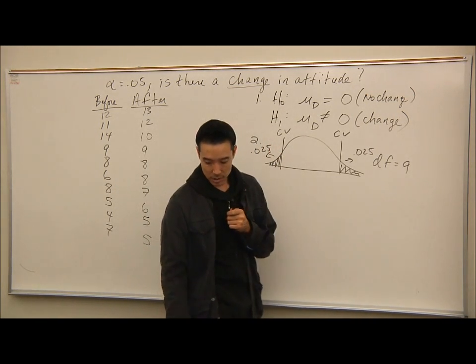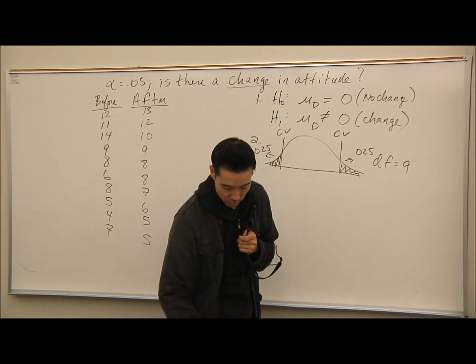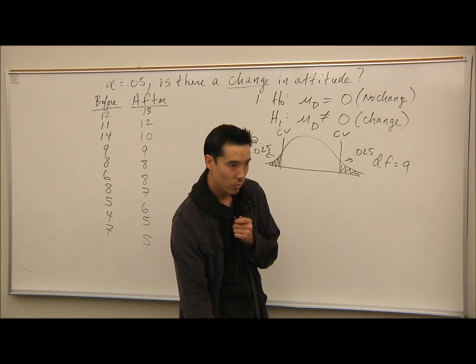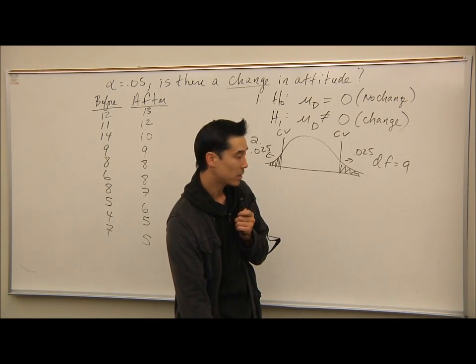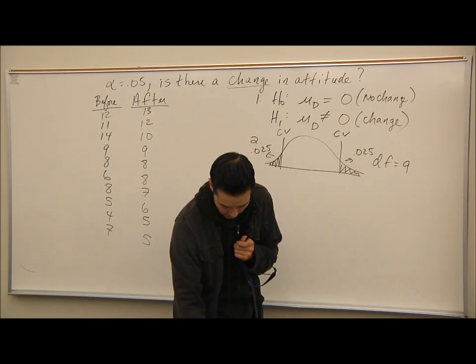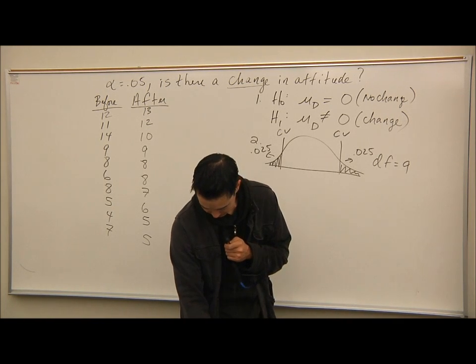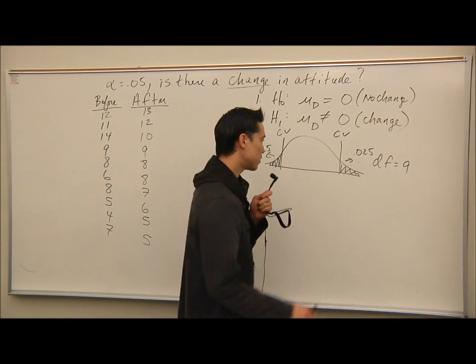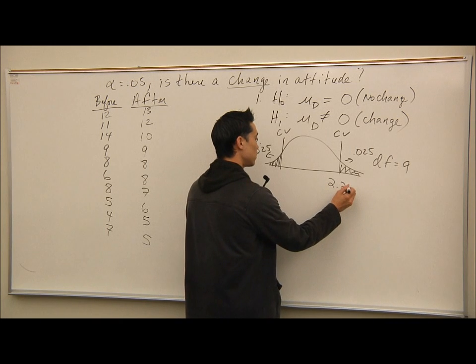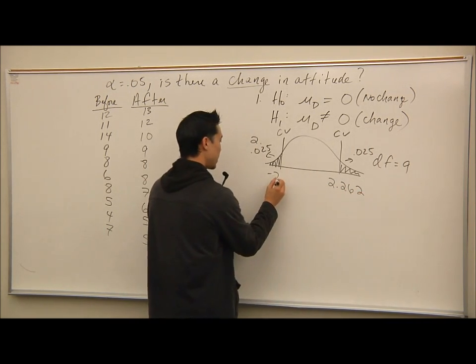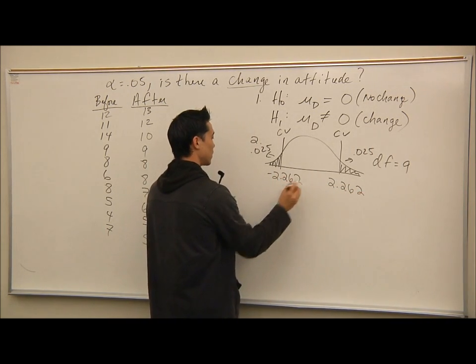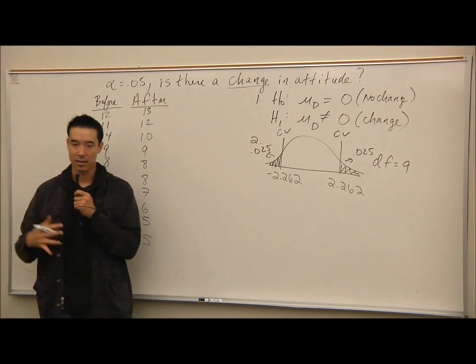So in your t-distribution, you look up 0.05 2 tails, which is the same as 0.025 in 1 tail. The degrees of freedom is 9, and what is the value there? 2.262. So you have positive 2.262, and you have negative 2.262.